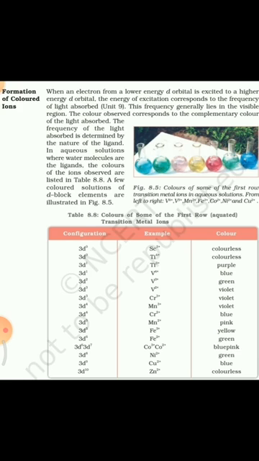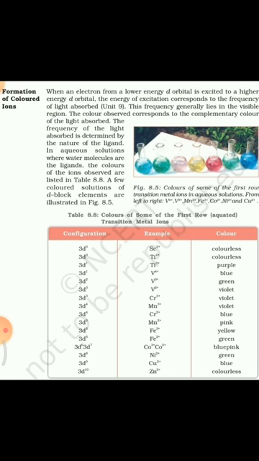Hence there are vacant spaces for the electrons to undergo excitation in the higher energy state. The energy absorbed is equal to the energy difference between the 2 sets of orbitals. Thus, the ion exhibits the complementary color of the absorbed radiation.